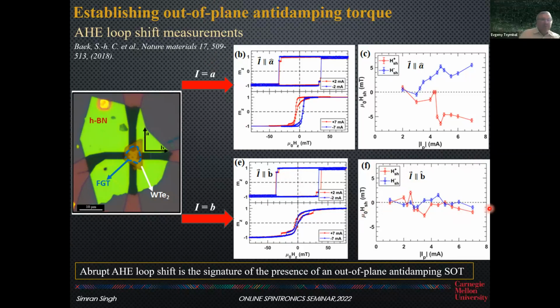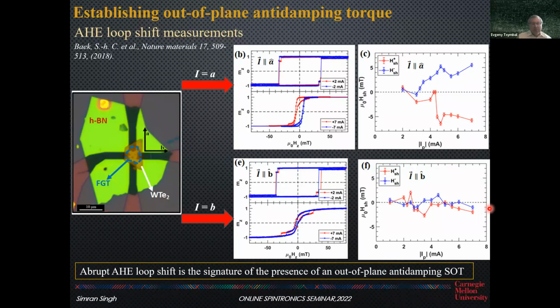Thank you for a very interesting presentation. I have a question regarding switching of your FGT. What you're saying is that when you're passing current along A and B, in one case you have deterministic switching of the FGT, and in another case you have Joule heating and demagnetizing of your film.